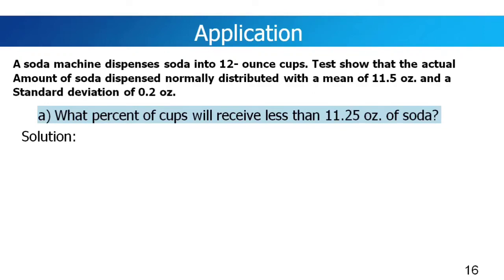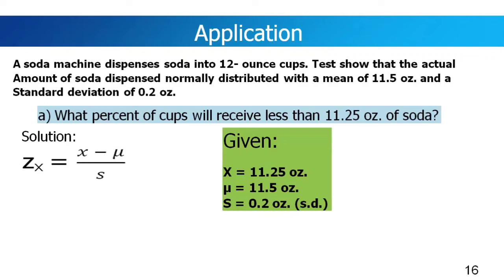For our solution, since our problem did not mention any value of our Z, then we're going to use this formula of Z. So that is Z sub x is equal to x minus mu all over S. So for our given, x is equal to 11.25 ounces, our mu or our mean is equal to 11.5 ounces, and our S is equal to 0.2 ounce, our standard deviation.